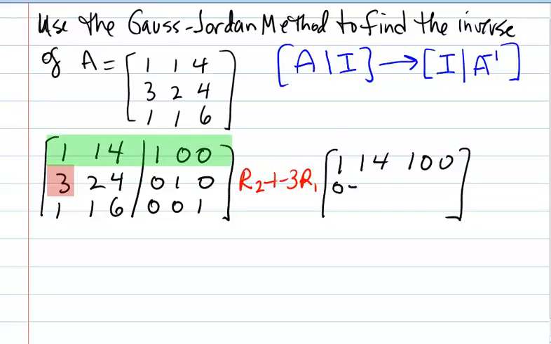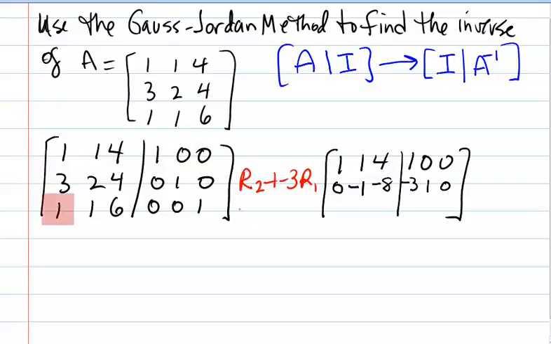Negative 3 and 2, negative 1. Negative 3 times 4, that's negative 12, and 4 gives me a negative 8. Negative 3 times 1 plus 0 is negative 3. Negative 3 times 0 plus 1, negative 3 times 0 plus 0.